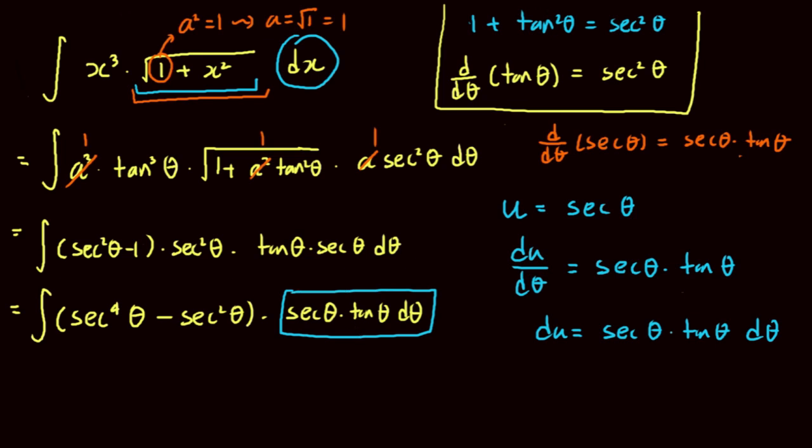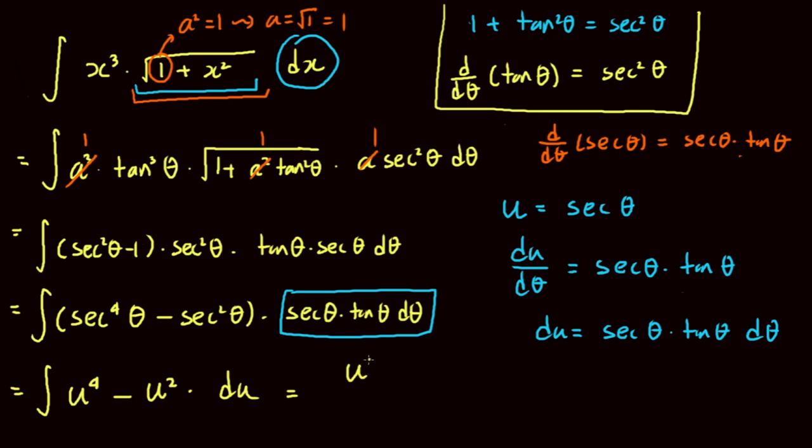That means our integral becomes far simpler. It's simply sec to the power of 4 theta, which is u to the power of 4, minus u to the power of 2, because sec squared theta is just u squared, times du.